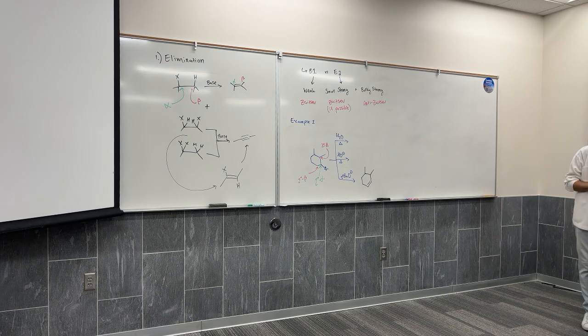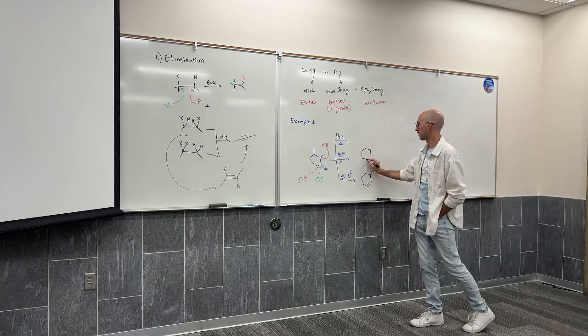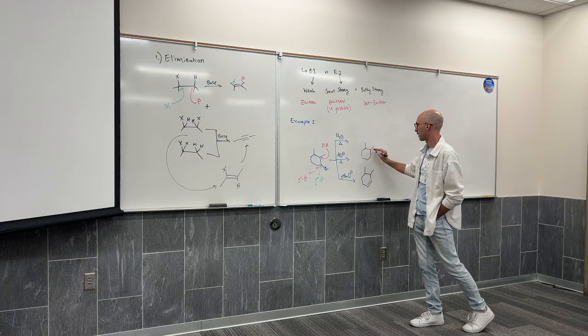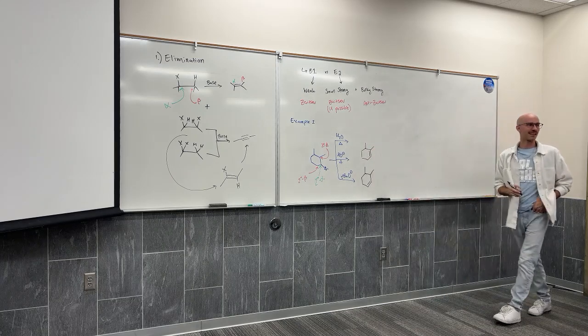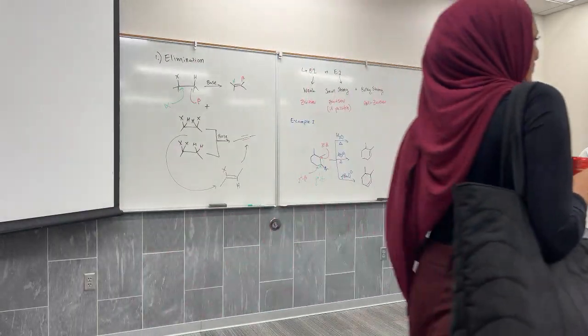Hydroxide, on the other hand, wants to go for the most substituted beta position. So hydroxide gives me 1,6-dimethylcyclohexene. Hydroxide has eliminated from the Zaitsev position, the most substituted.